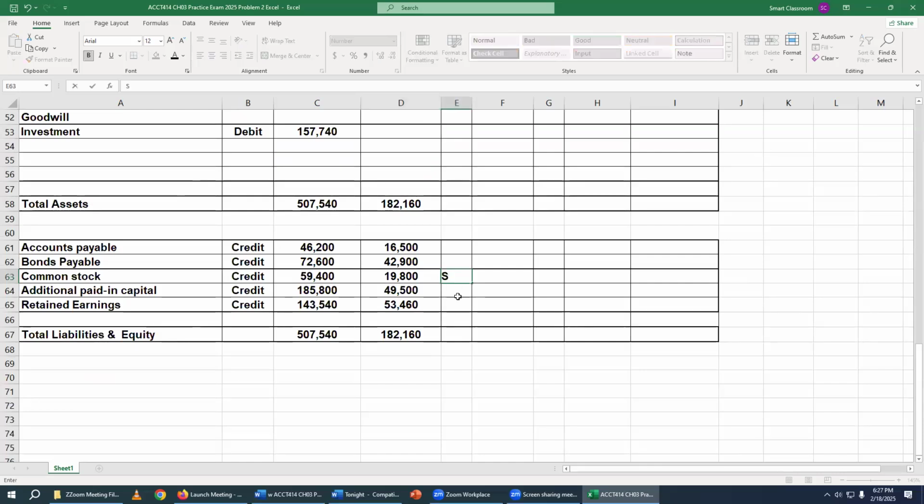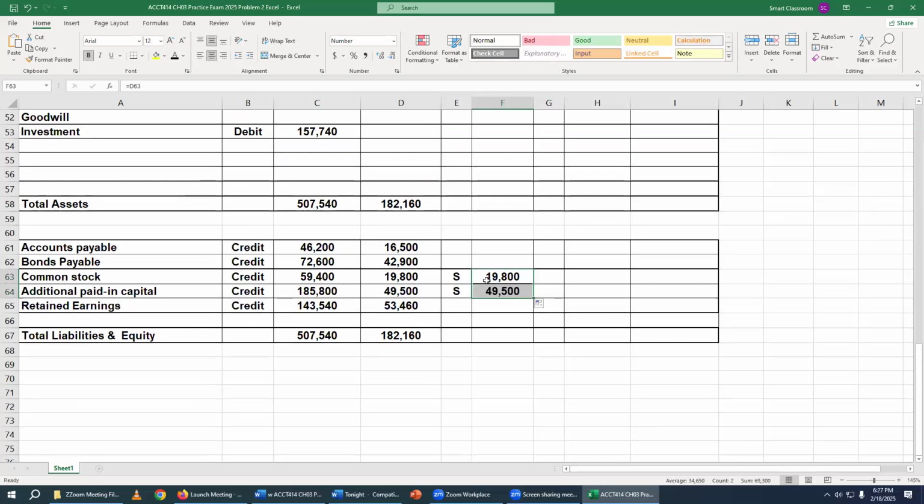So we'll say S, and we will have to go to the beginning for the retained earnings on this. Let's make this orange.